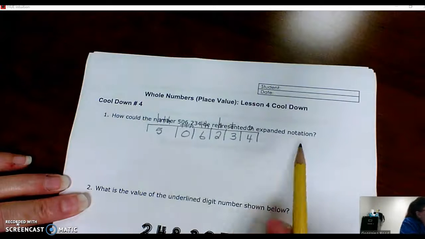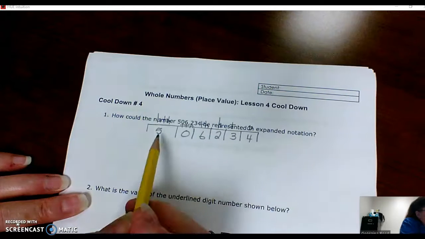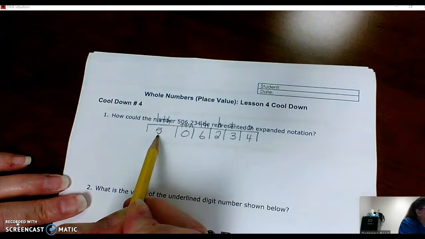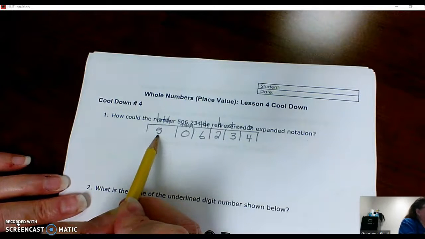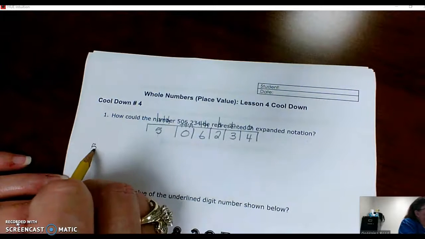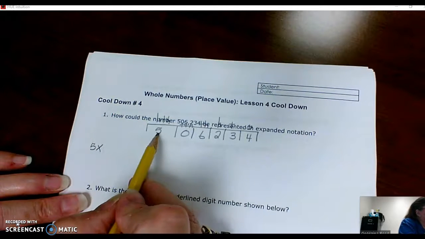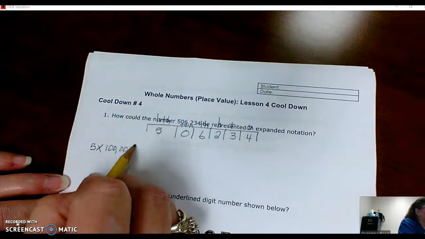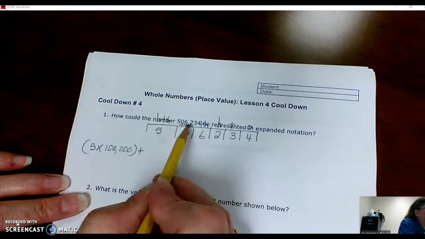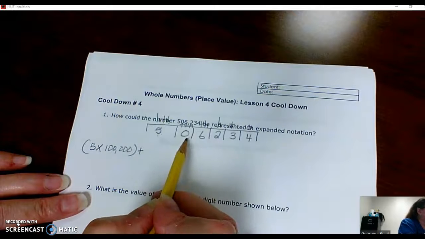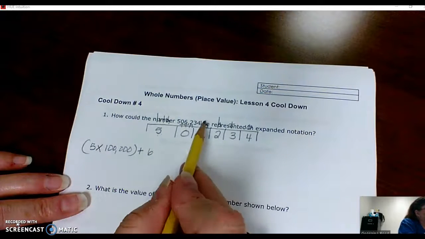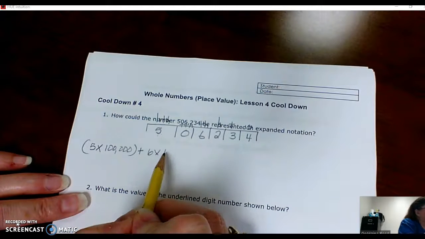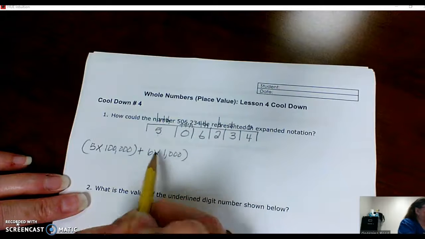So then I start by multiplying the digit in that place by the value. So it's 5 times, and this is the 100,000s place, so 100,000. Plus, I have nothing there, so I don't have to write it. 6 times its place value. It's in the thousands place.